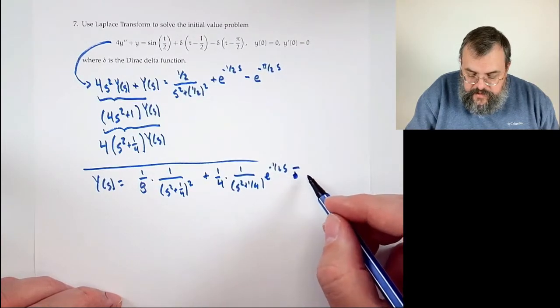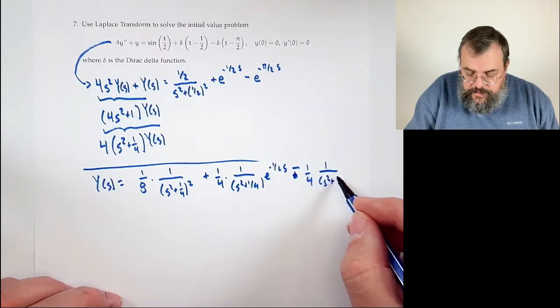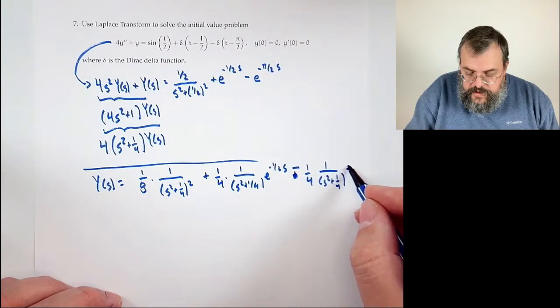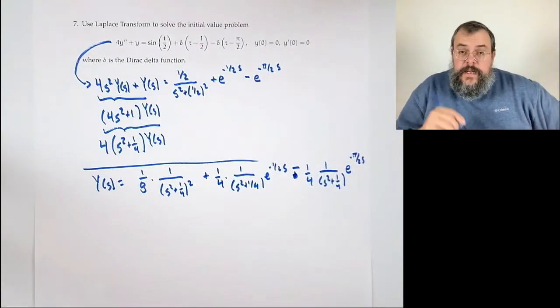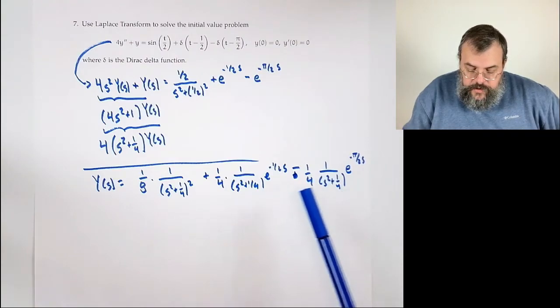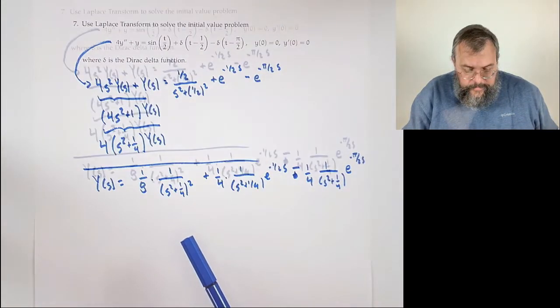Not plus, minus 1/4 s squared plus 1/4 e to the minus pi halves s. Now, these aren't going to be too bad. S squared plus a 4th squared.